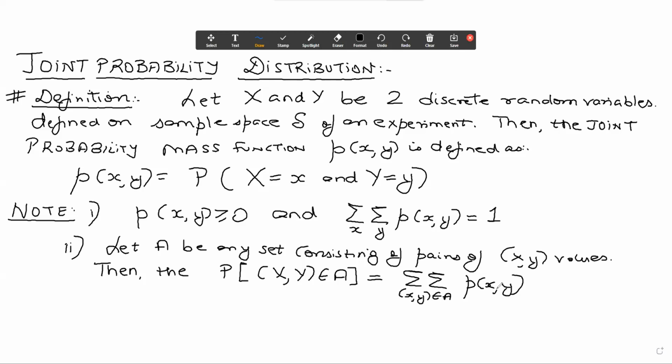The joint probability P of xy will be greater than or equal to 0. If you sum up P of xy over x and y, it will be equal to 1. And if you take any set A consisting of pairs of xy values, then the probability that a pair lies in the set A is the double summation over xy belonging to the set A of P of xy.